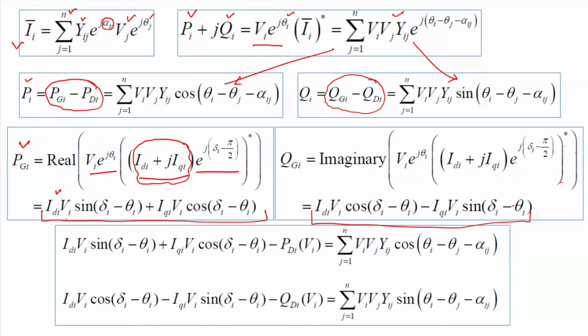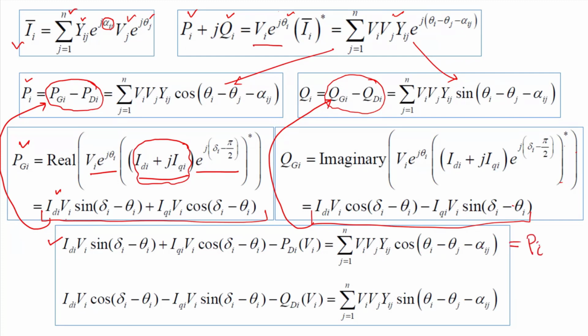So now I substituted this in terms of PGi in this equation, and again QGi here in this equation, right? After substituting, we find this equation. So this is called the power injection equation, right?